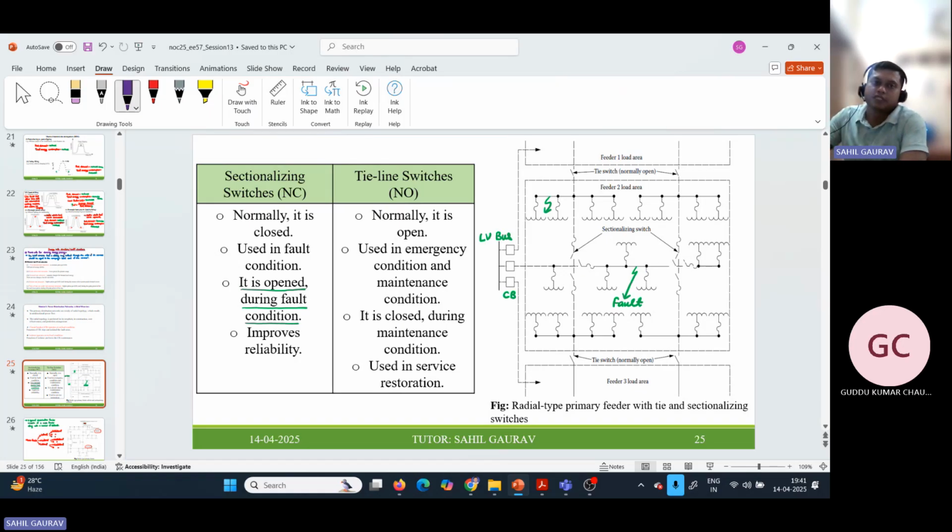Sectionalizer means it is like bifurcating some part of some areas. You can learn it that way. And tie line switches mean connecting the other parts, other areas. Tie line switches are also present in our transmission system, and this is distribution, we are studying our distribution system, so you can get an idea from there.